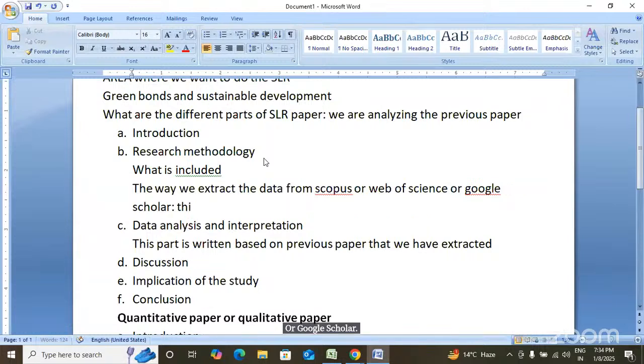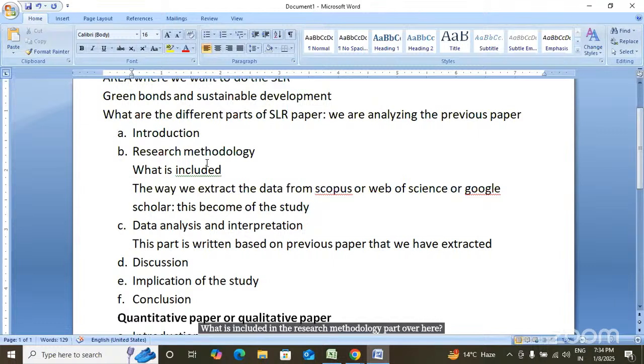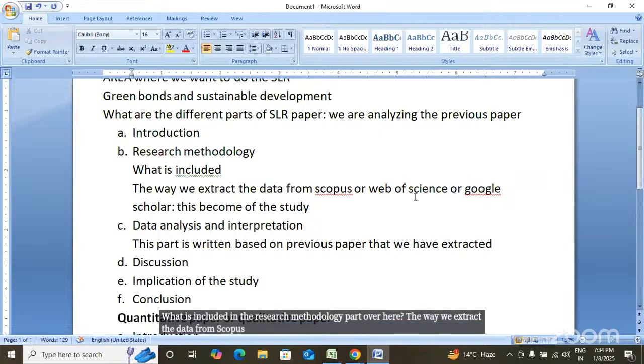This becomes a part of the study here. What is included in the research methodology part over here? The way we extract the data from Scopus or Web of Science or Google Scholar. It is written over here.